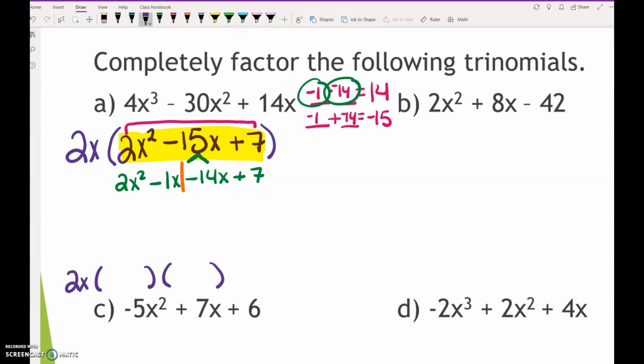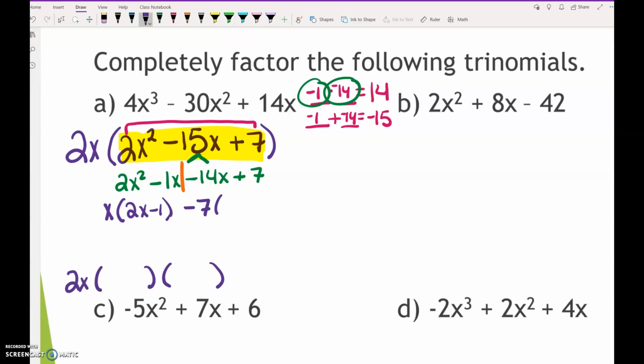What does the first group have in common? Just x. The second group, it can be easy to miss this negative, but you need to factor out the negative because that third symbol is a negative symbol. Negative 7.